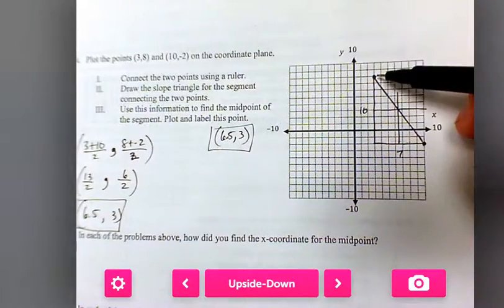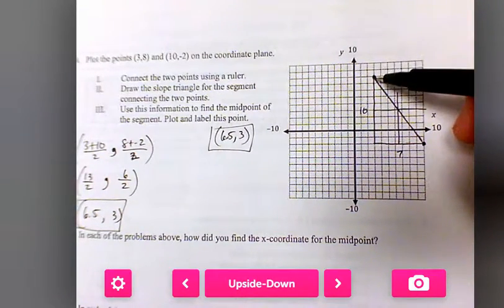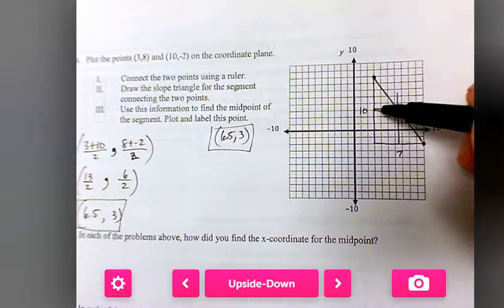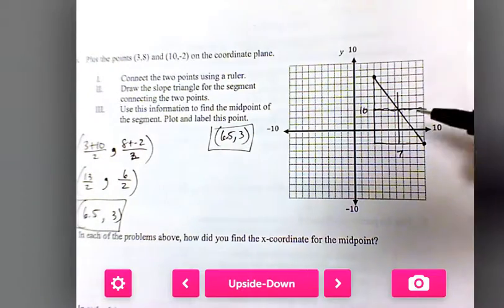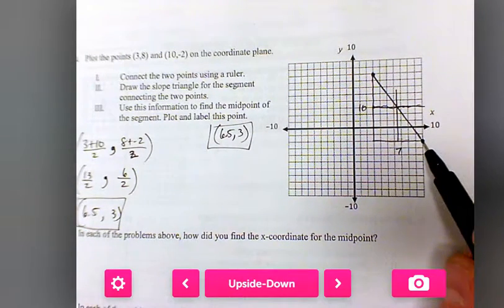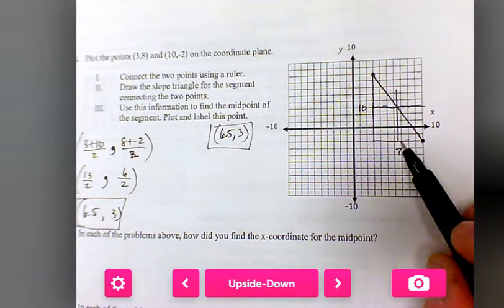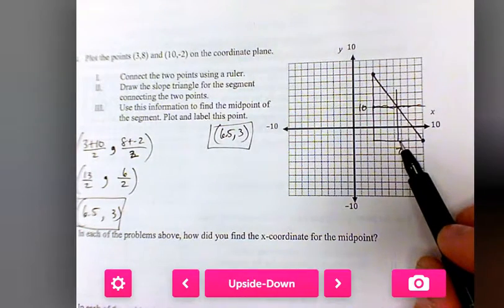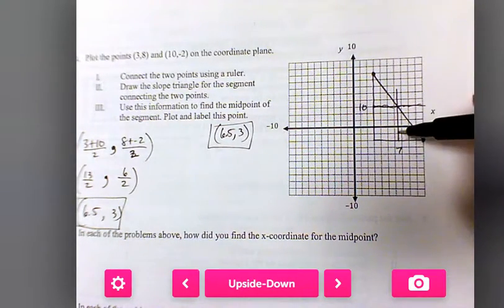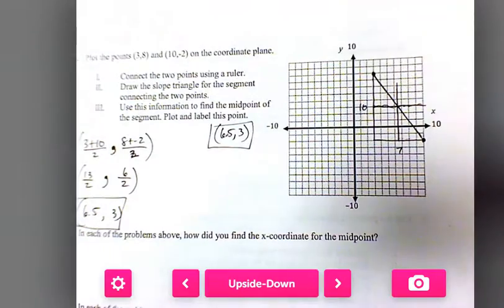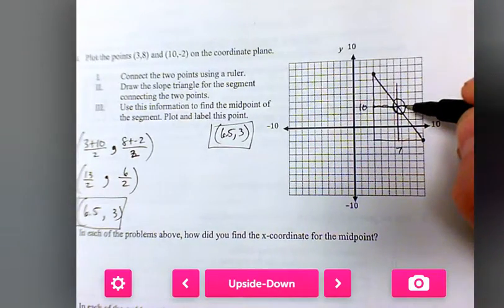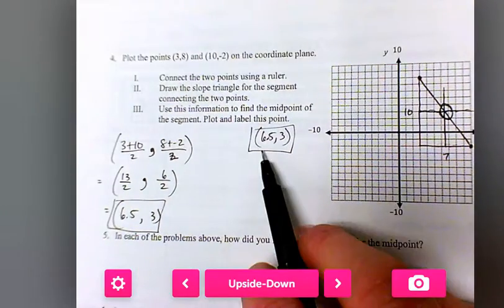So the graphing way, half of 10 is 5, so I go 1, 2, 3, 4, 5 from the endpoint, and then I draw a line across. And then this one, I start at an endpoint, I go 1, 2, 3 and a half. 3 and a half is half of 7. And then I draw a line straight up, like that. So they meet right there at the midpoint. It should have been (6.5, 3).